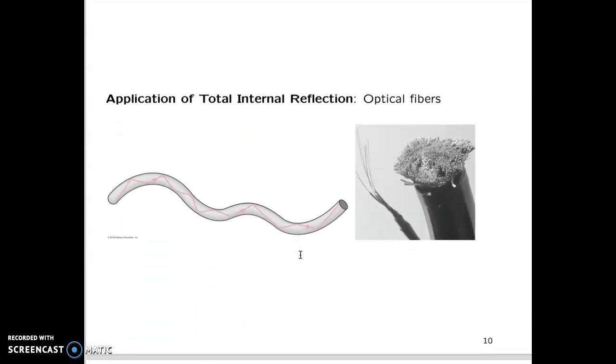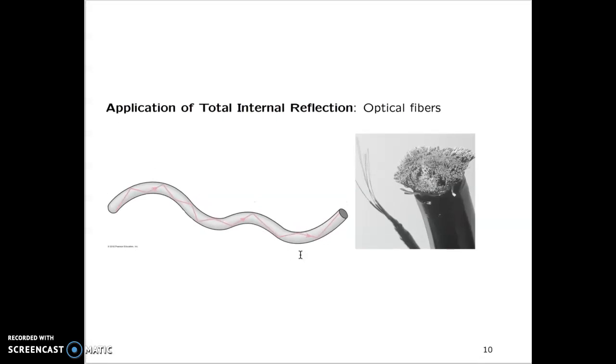Okay. Total internal reflection. Here's an application technology that you may have heard of, optical fibers, and optical fibers carry optical signals. The optical signals are just signals which are somehow encoded in light, and the light travels along these very tiny little optical fibers. And why does the light bend as the fiber bends?